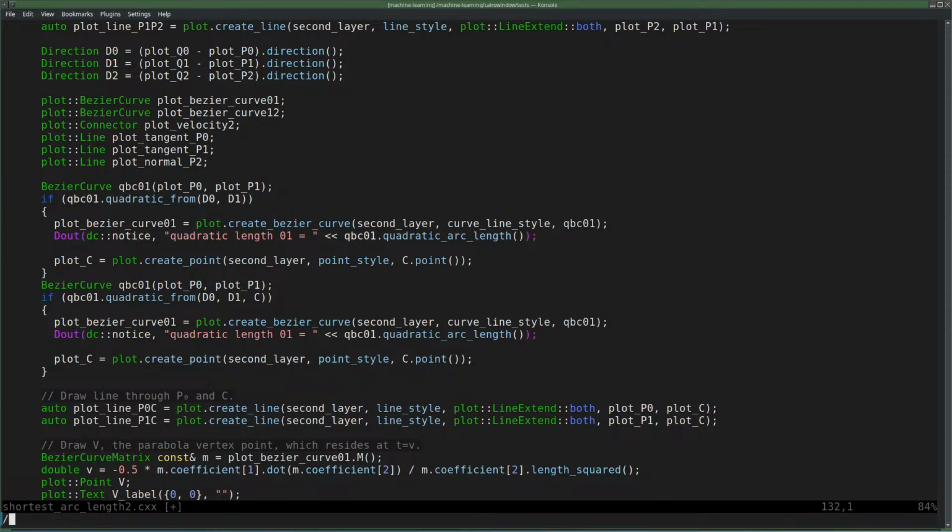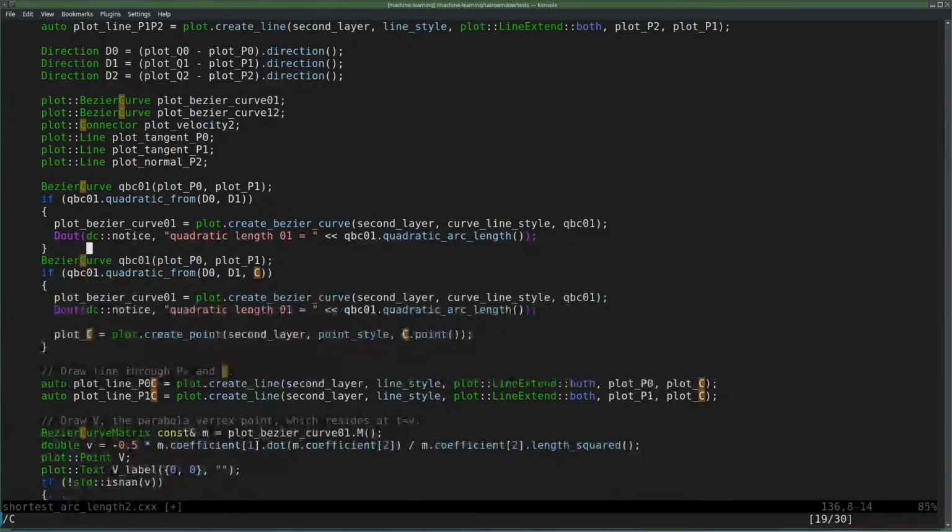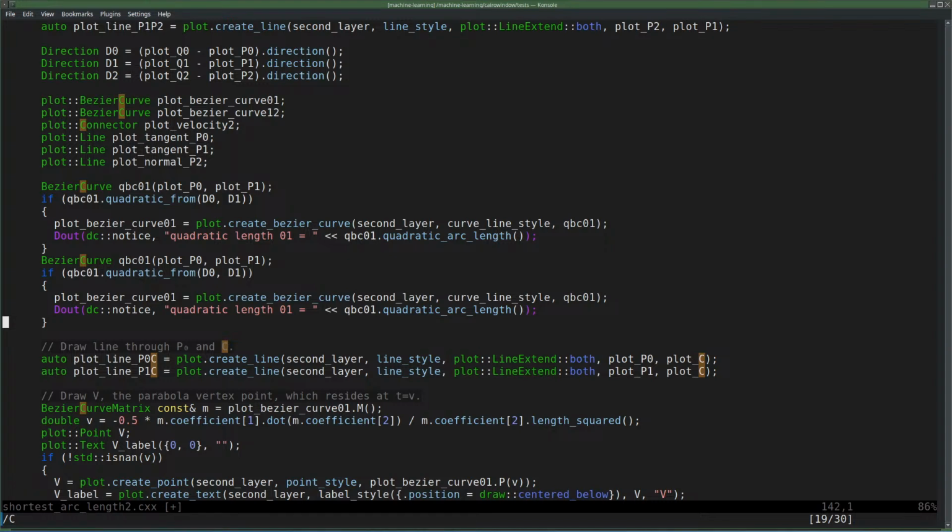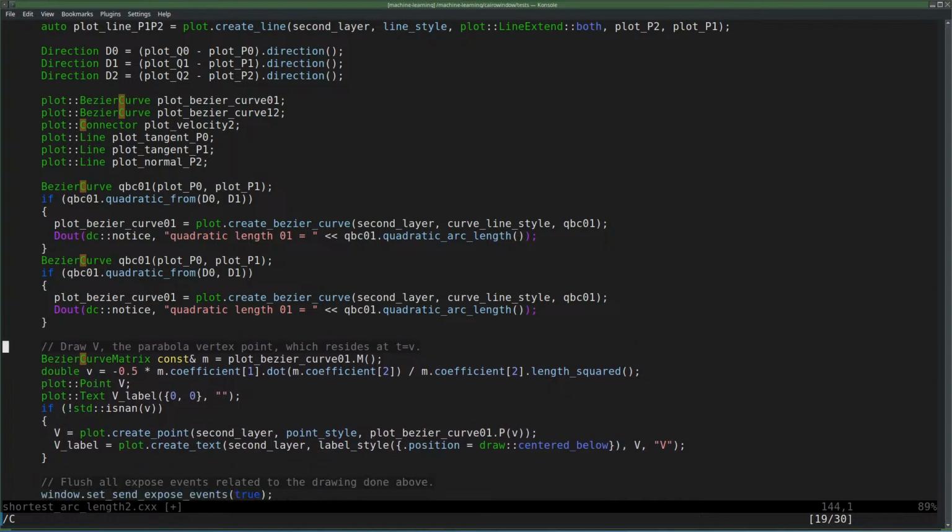Don't want to draw that anymore. Create point, no. Pass C, no. Draw lines through C, no. What C?